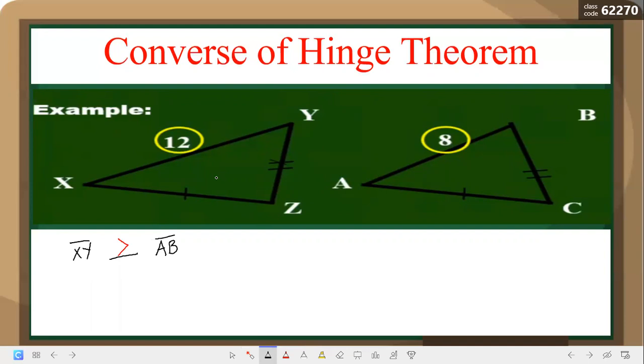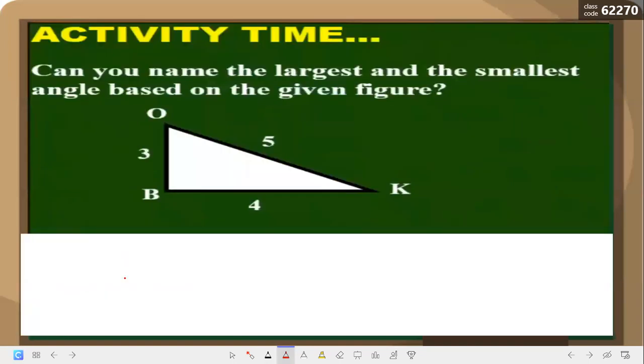Which one is the included angle there? The included angle here is this one, right? Based on their sides, the included angle is angle Z. Then the other one is angle C. So obviously, since 12 is greater than 8, or XY is greater than AB, therefore angle Z, which is the included angle of XY, is greater than angle C on the other side.